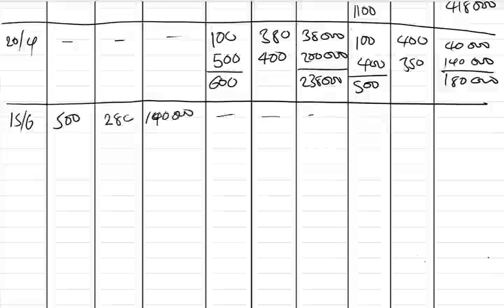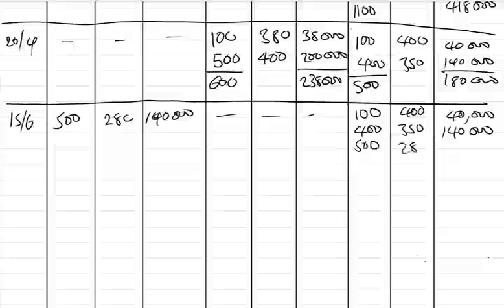That means now the balance is the 100 that is already there at 400. That's 40,000. Then 400 at 350. That's 140,000. And the new consignment of 500 at 280. That is 140. Together, when you sum them up, you're going to find 220,000. You're going to find 1,000 boxes in stock. We can close that.